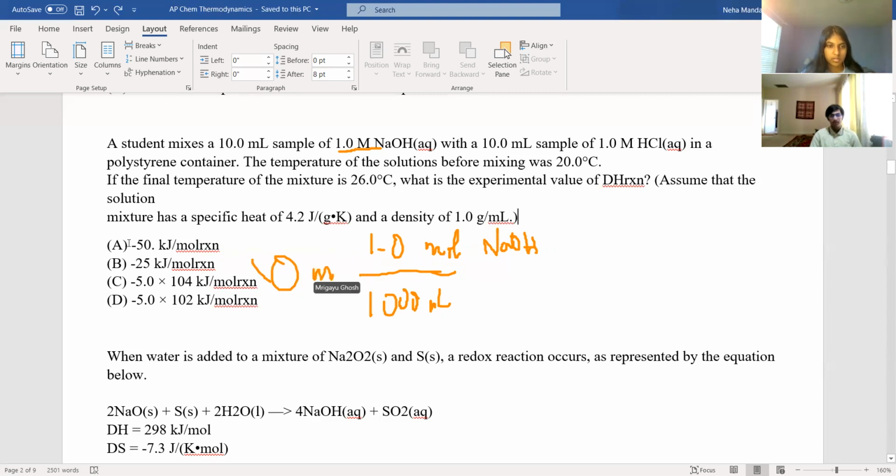Also, these are all negative. Doesn't that indicate that it's exothermic? Yeah. But the temperature increases. Yeah, that is exothermic, right? Why? Because when you measure it, if it gets warmer, that indicates heat was released.